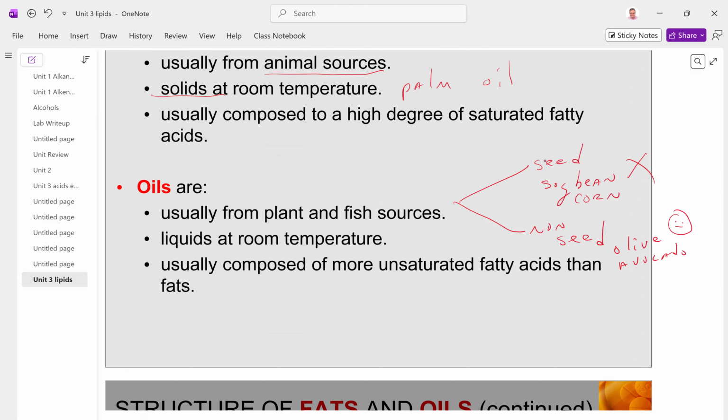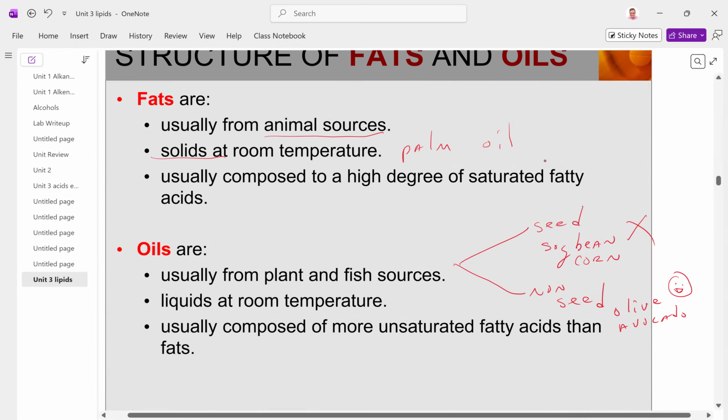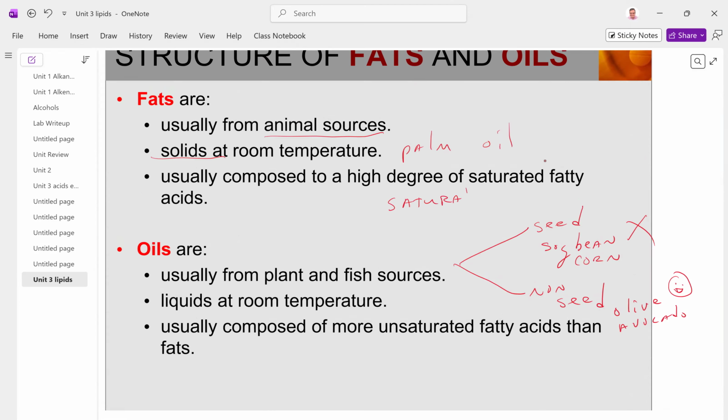That's supposed to be a smiley face. Typically, fats are saturated. Oils are usually unsaturated.